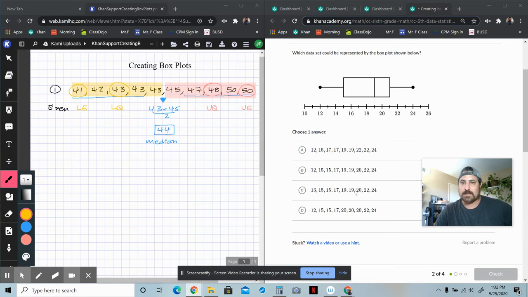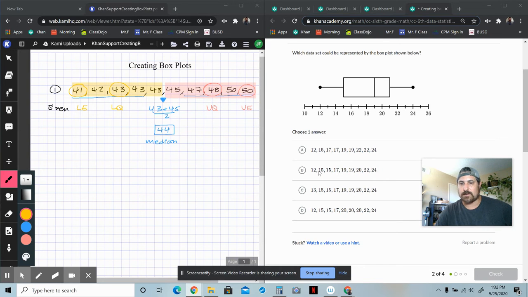The next thing I can look at is the middle value. I see that there's 1, 2, 3, 4, 5, 6, 7, 8, 9 values. So when you have an odd numbered list, there is a true middle. So let's find the true middle. 1, 2, 3, 4 removed. The 19 is the true middle. So that's a possibility. Let's look at the next one. 1, 2, 3, 4, 5, 6, 7, 8, 9.